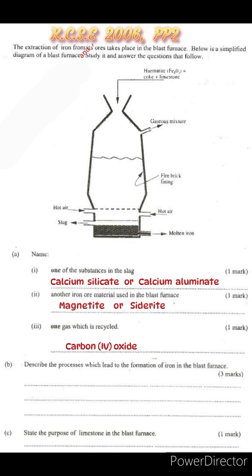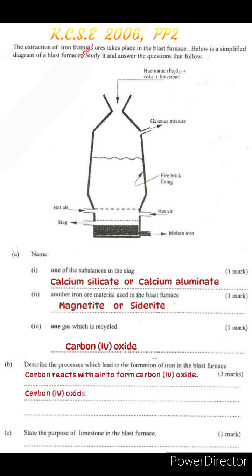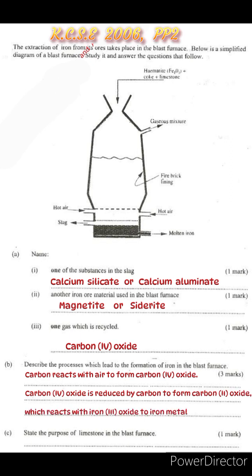Okay, let us move on to part B. Describe the processes which lead to the formation of iron in the blast furnace. So carbon reacts with the hot air to form carbon 4 oxide. Carbon 4 oxide is then reduced by carbon to form carbon 2 oxide.